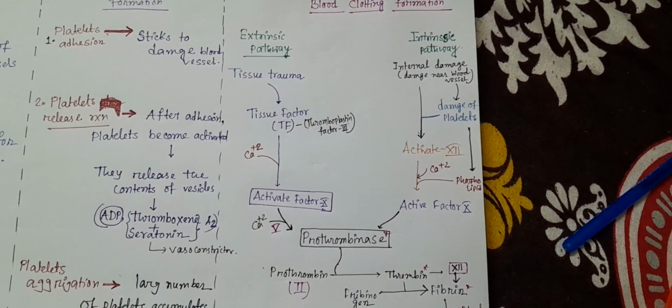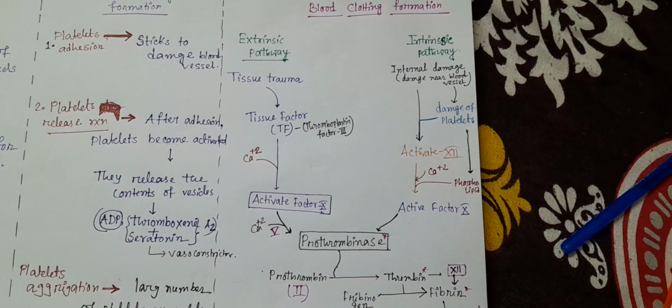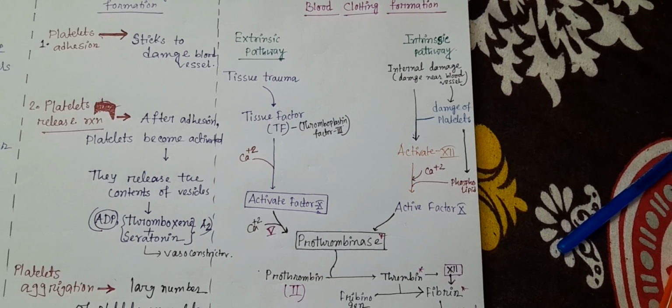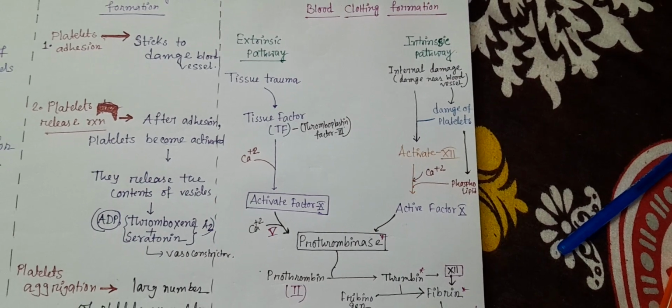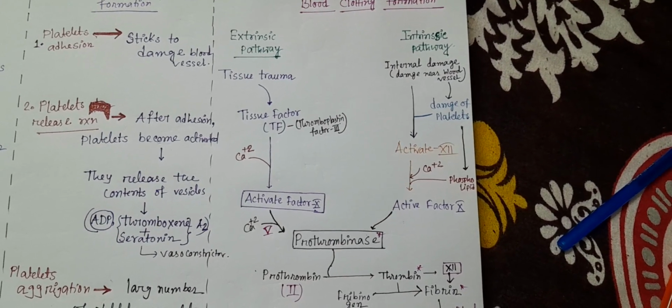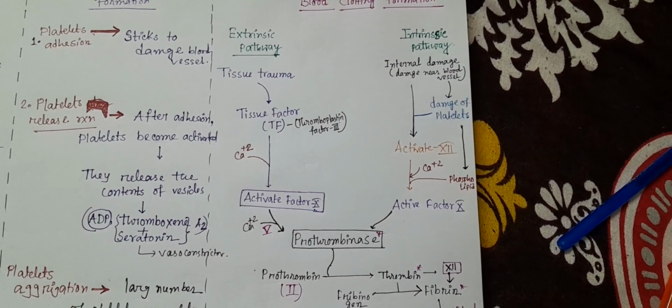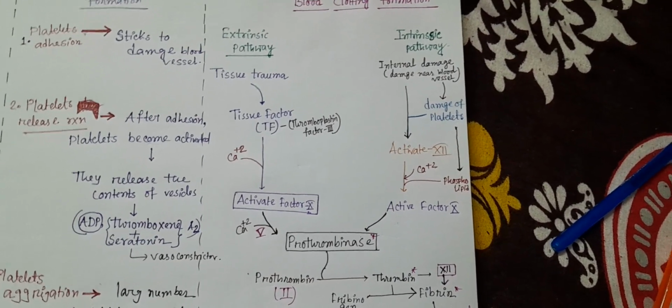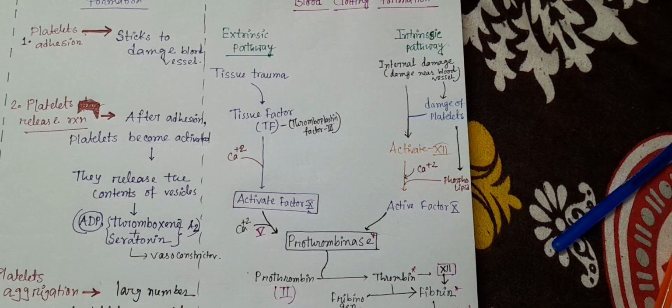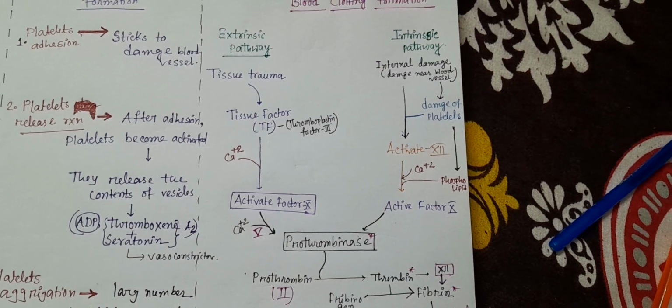Now what does extrinsic mean? Extrinsic means when the trauma happens on the outer side, that means in the tissue. So whenever a trauma or any damage occurs in the tissue, some tissue factors are released, which are known as TF. These tissue factors are thromboplastin, that is factor 3.